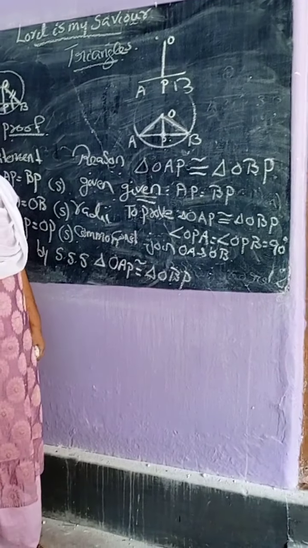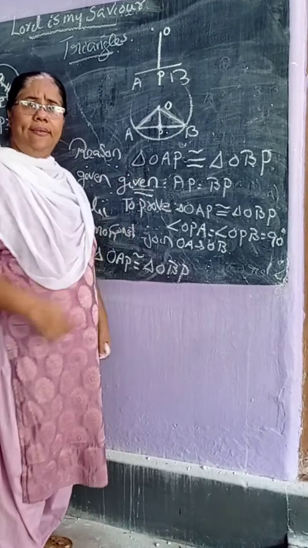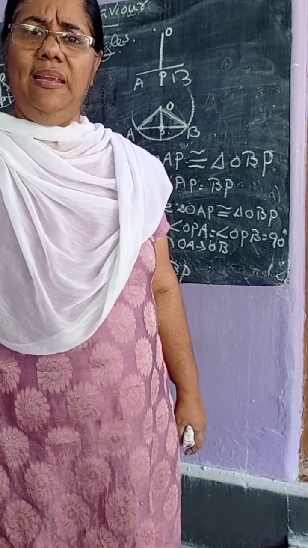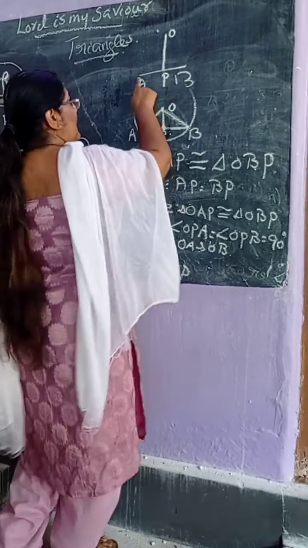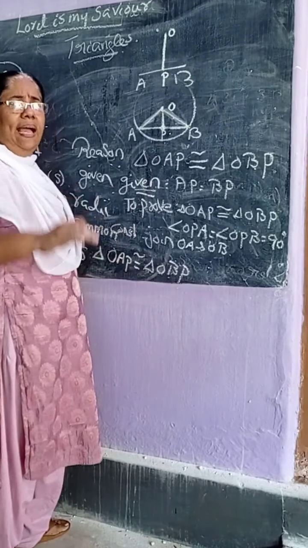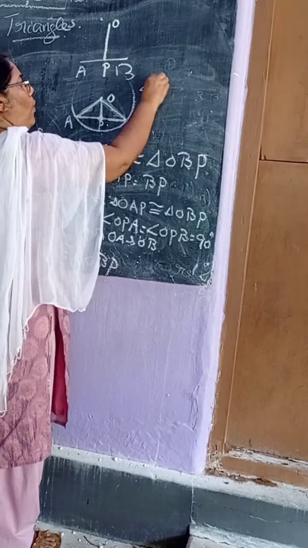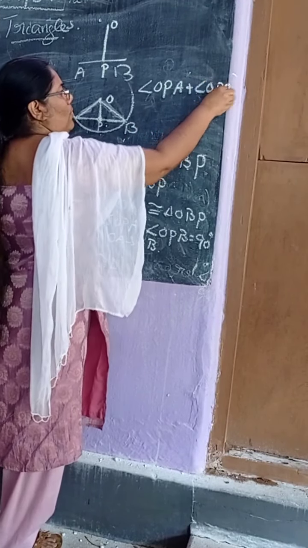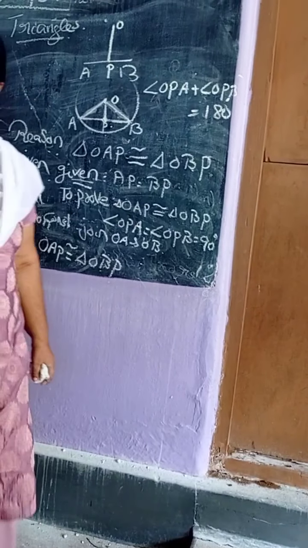And we know that AB is a straight line means, can you say what is the angle in a straight line? Angle in a straight line is 180, linear pair, isn't it? Therefore, we can say that angle OPA plus angle OPB is equal to 180.